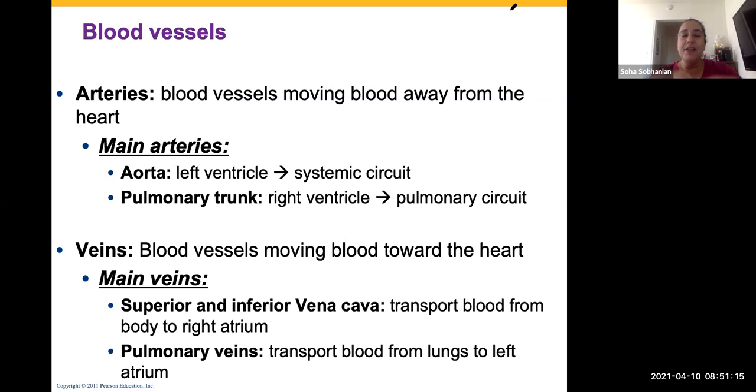So now that we know the 4 chambers of the heart, let's take a look at our main blood vessels that are either coming to these chambers or leaving these chambers.